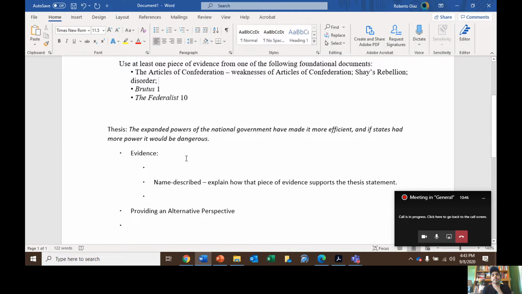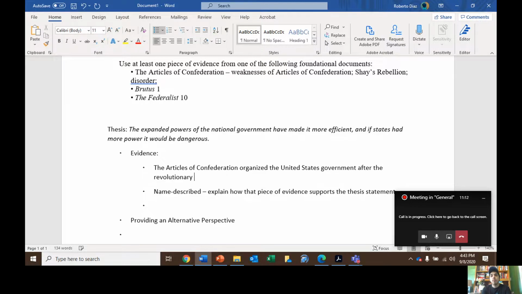And so the way I would do it is I would say the Articles of Confederation was, and then I describe the document, was the first organized United States government after the Revolutionary War.